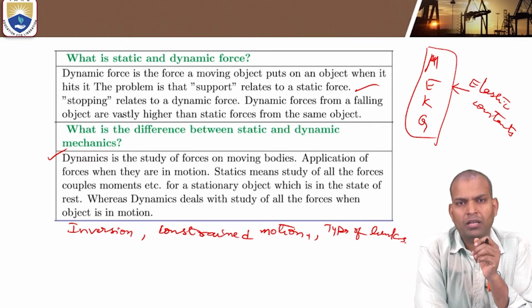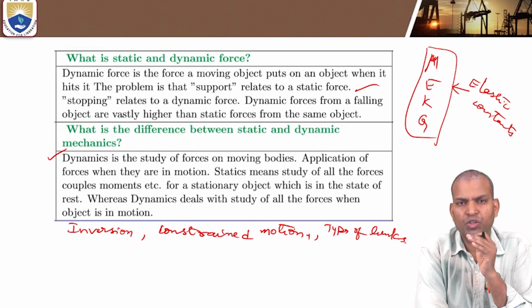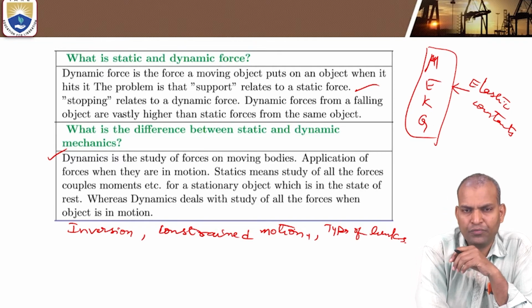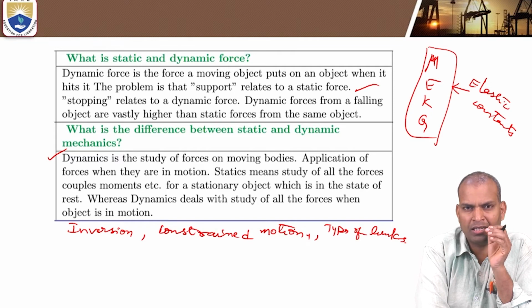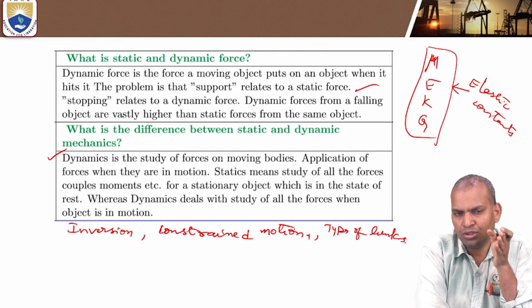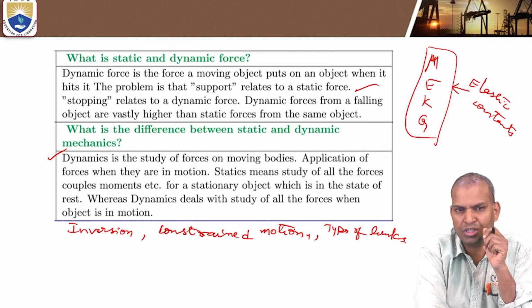Inversion means, by fixing one link, obtaining a different type of motion of the links in that mechanism, or obtaining a different mechanism, then known as inversions. In the 4-bar mechanism, there are 4 links. By fixing link 1, you can see the different motions in the remaining links 2, 3 and 4. By fixing link 2, if you give input motion to link 1, the remaining links 3 and 4 give different types of motion.